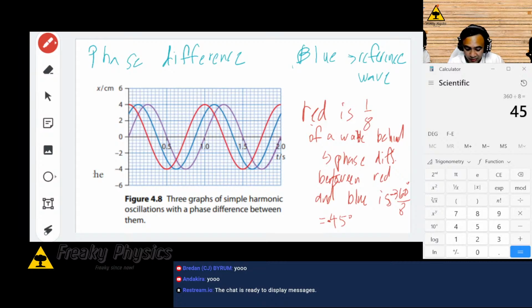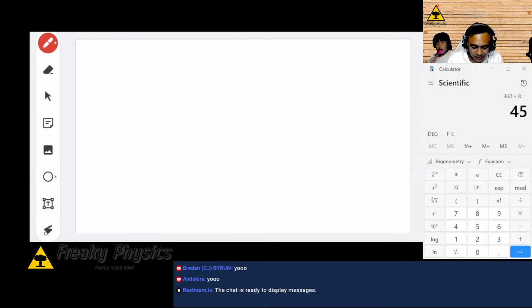We'll go through next lesson how we know it's 1/8 of a wave or 1/4 of a wave or a full wave. So we'll end phase difference here. I think we'd better do some quick examples. Let me check something.